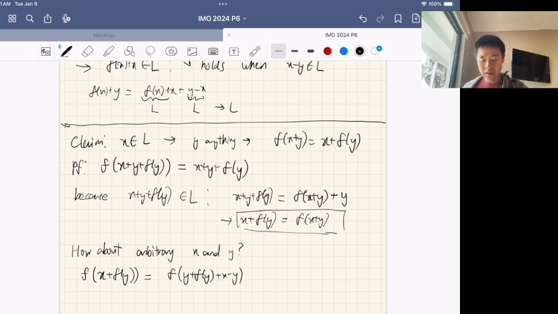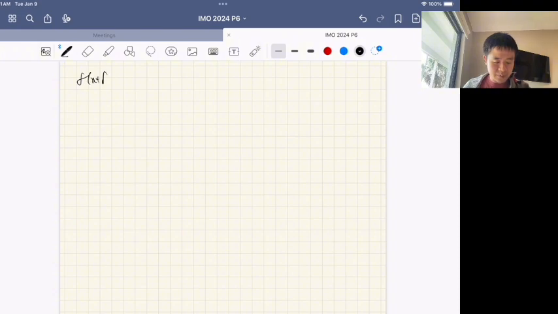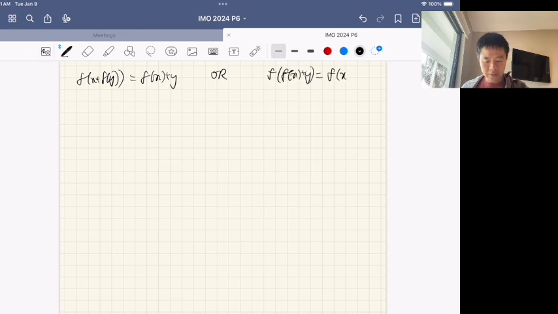So now we have two cases. We recall that f of x plus y equals f(y) plus x.